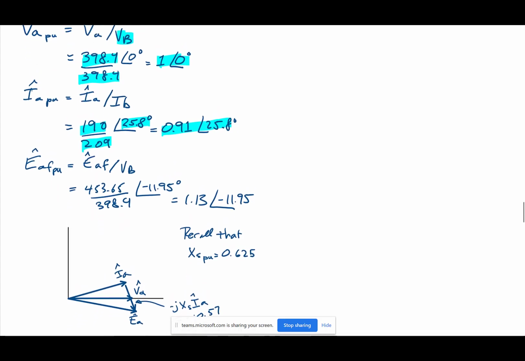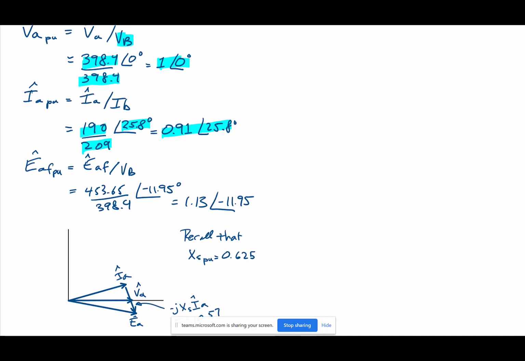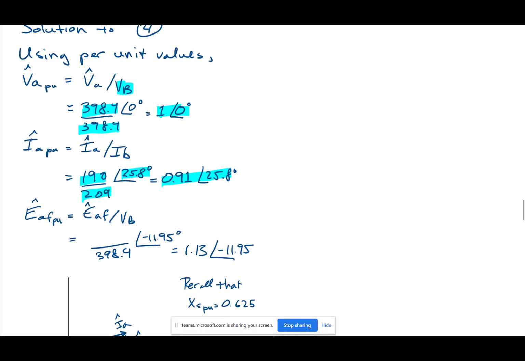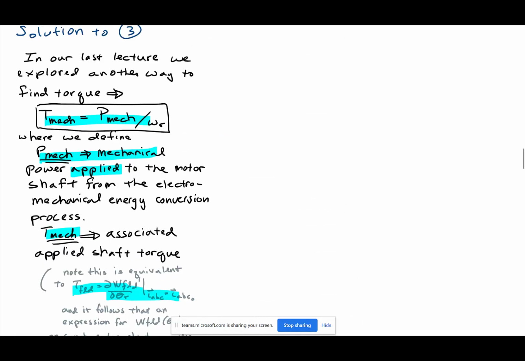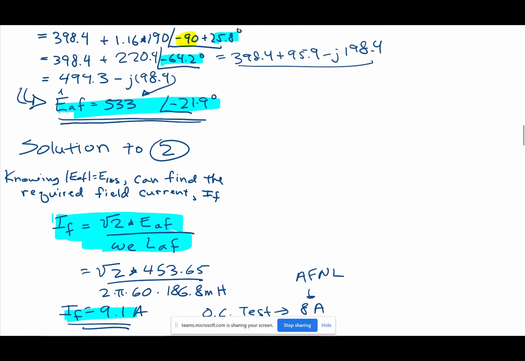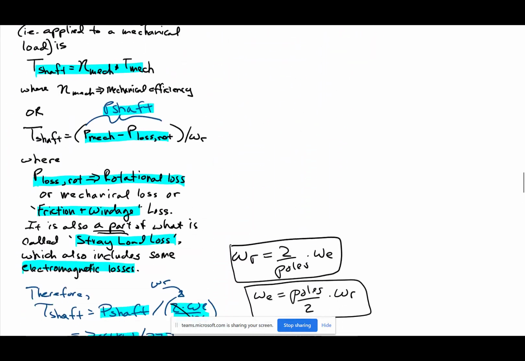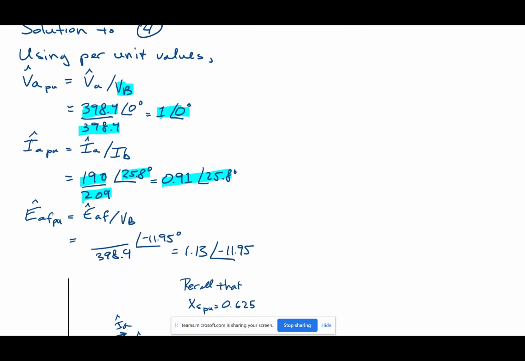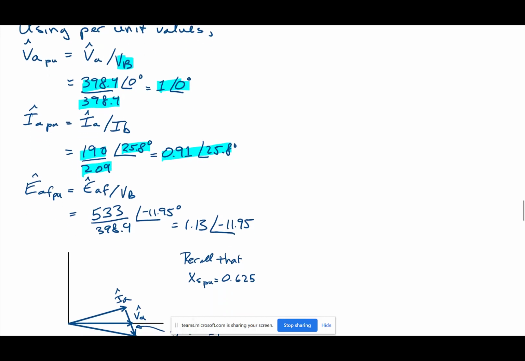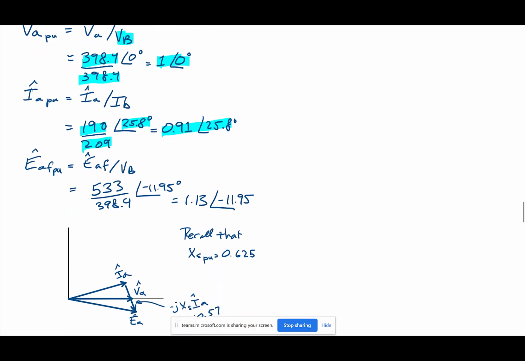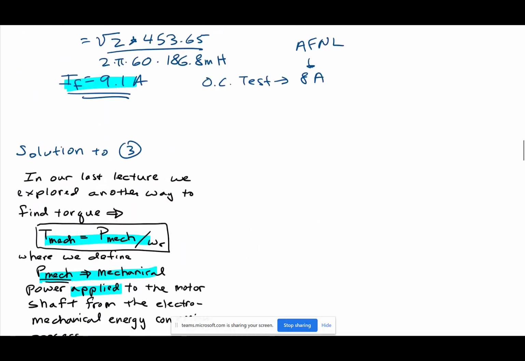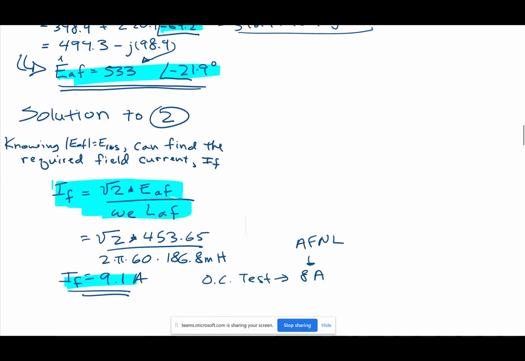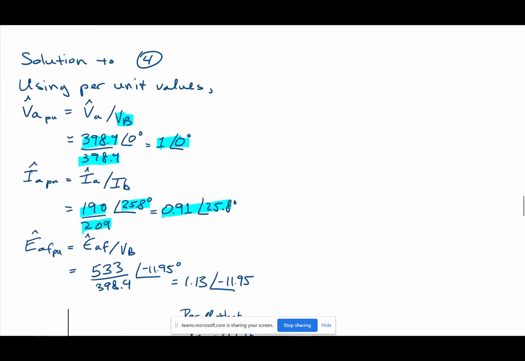The EAF we found, now I have to recalculate this. It was up here, 533. So let's write that down here. Quite a bit higher than the nominal voltage. And then the angle was minus 21.9.